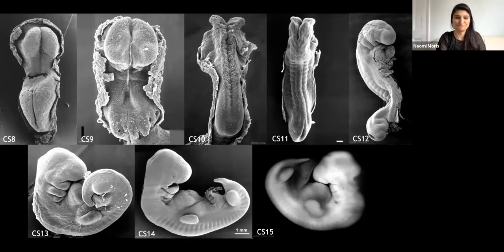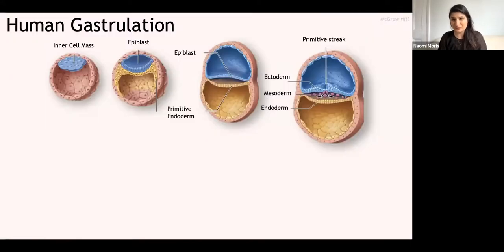So really that was a glimpse into early human development in a static, characterizing, classification kind of way. Now just to refresh your memory about this time period known as gastrulation, because it's a slightly horrible word and I'll use it a lot, I want to make sure that we're all on the same page about what that means. This goes back to the original question that I posed, which is how do you go from a small clump of cells to something that has a body plan, a form, something that looks like a human embryo, a human fetus?